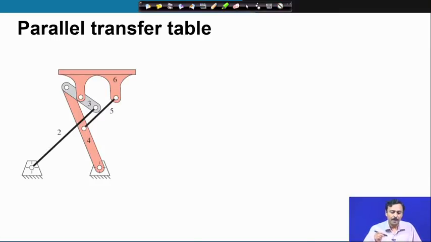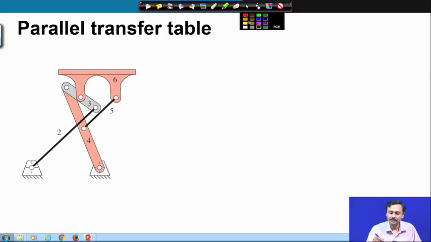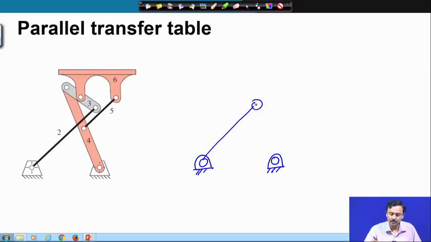Then we have this parallel transfer table, which is straightforward actually. I will quickly draw this. So, we have two ground hinges. This is connected to a ternary link and this one is connected to the ground.